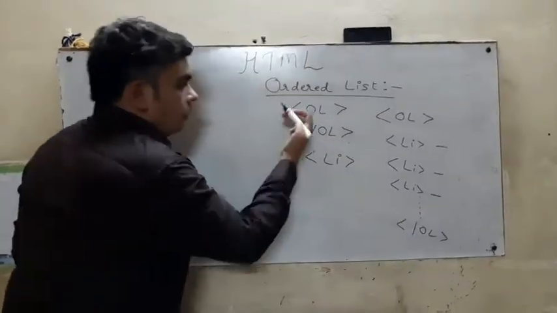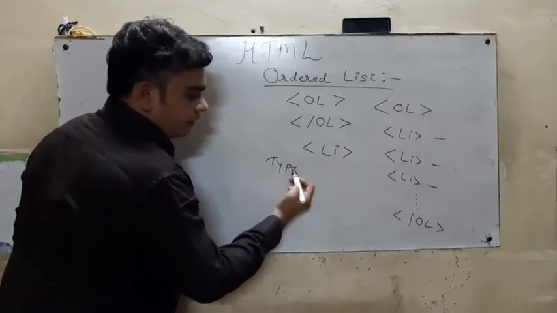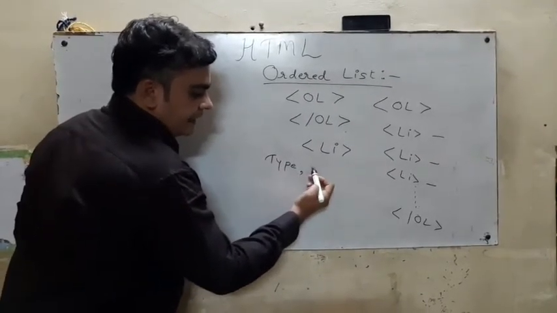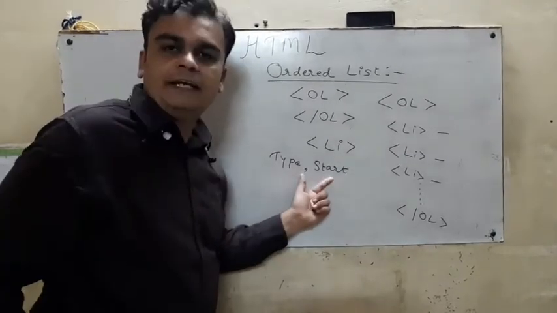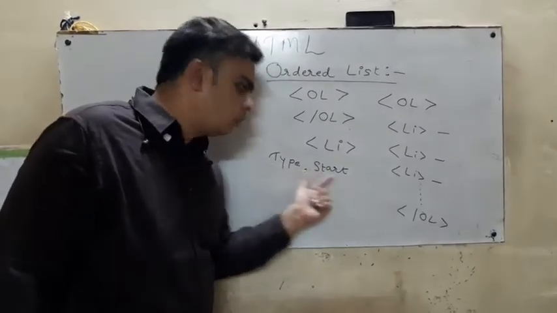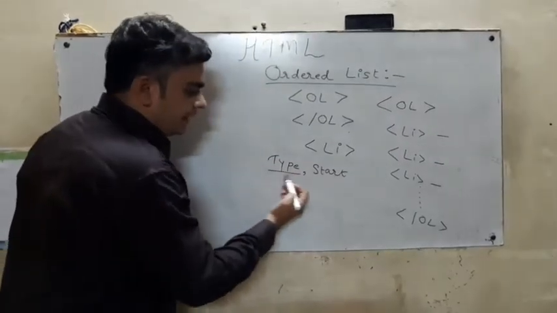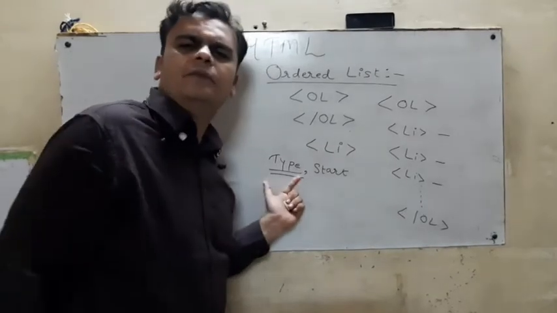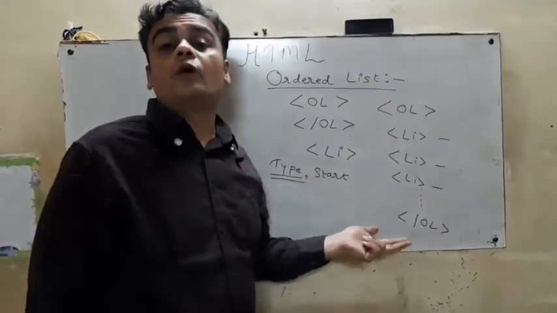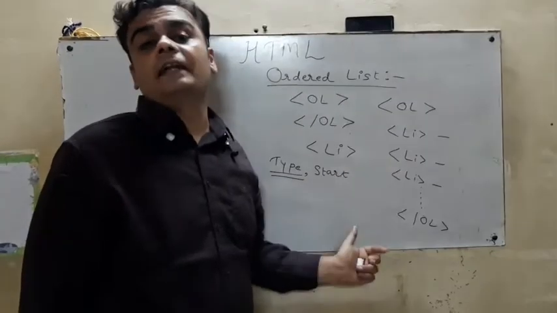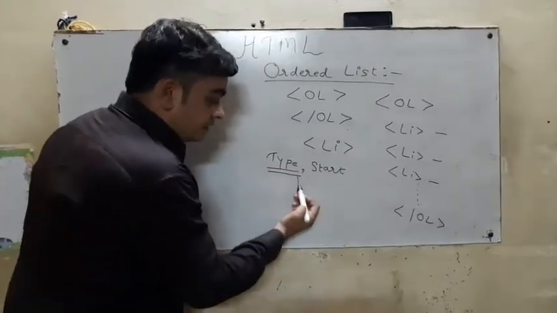The OL tag has two separate attributes. The first one is type and the second one is start. We are going to study both attributes separately. First of all we focus on the type attribute. The type attribute represents in which format you want to display the list of elements. It provides various formats.